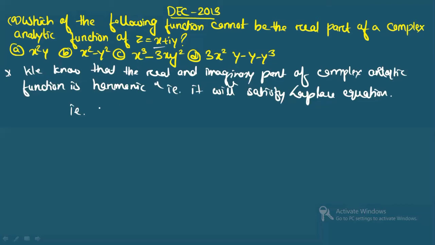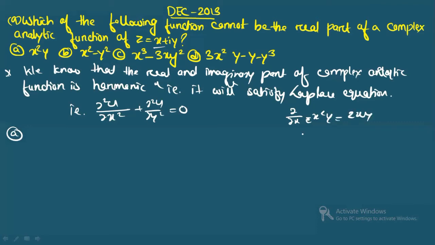So you will write here the Laplace equation: del square u del x square plus del square u del y square equals to 0. Because we are asked about the real part, I'm putting here u. So first we will check for option A. If you see here, del u del x of x square y will give you 2xy.